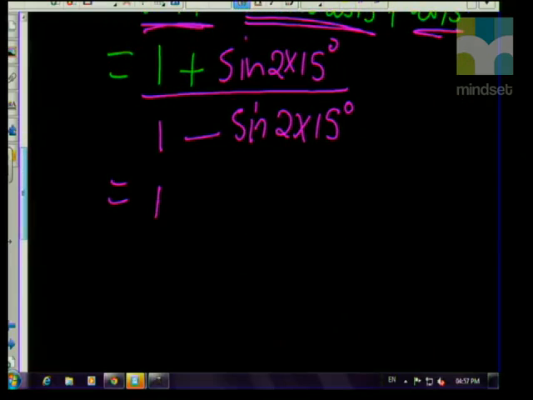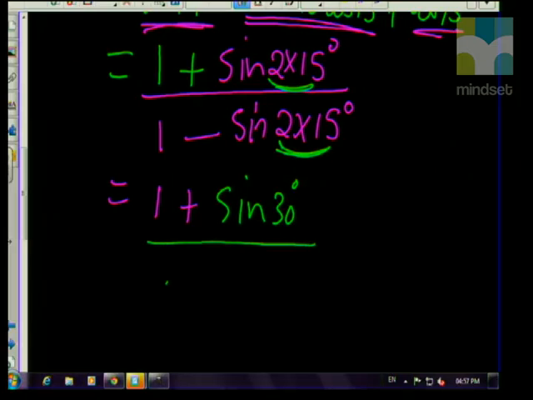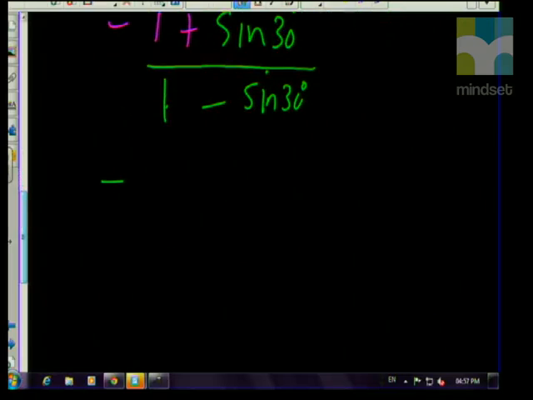We've got 1 plus. Now, guys, here we are allowed to say 2 times 15 gives us 30, 2 times 15 gives us 30 as well. So that's 1 plus sine of 30 degrees, all divided by 1 minus sine of 30 degrees.